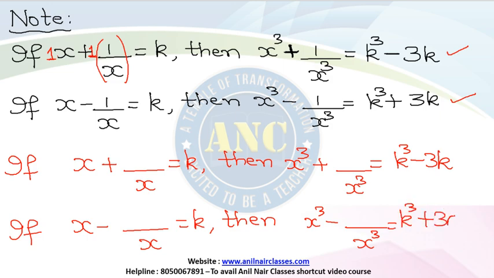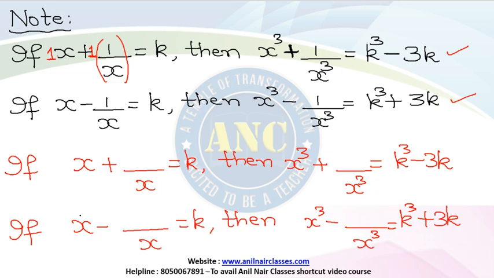This is what we have learnt, and that is the exact thing we have written above also. But in all these cases on the screen, the coefficient of x in the if condition is 1, and the coefficient of 1 by x in the if condition is also 1.